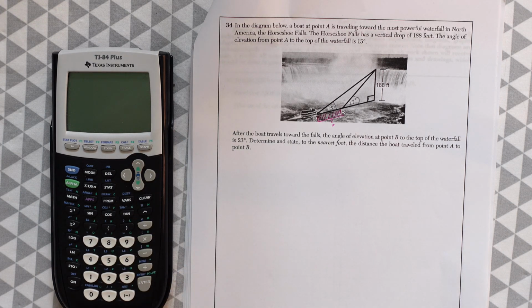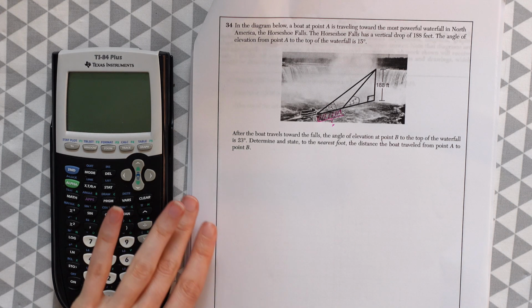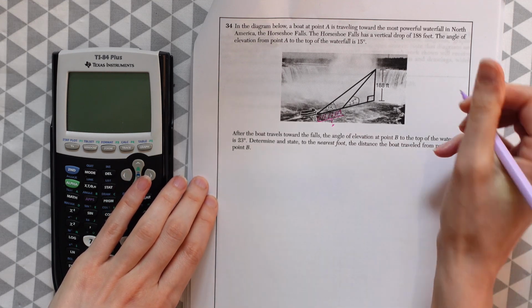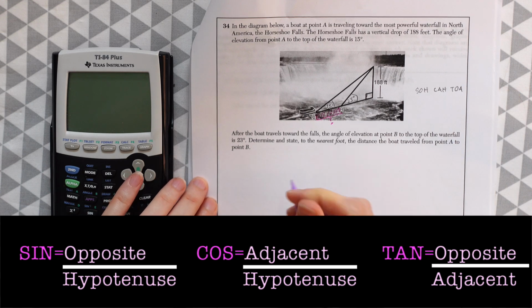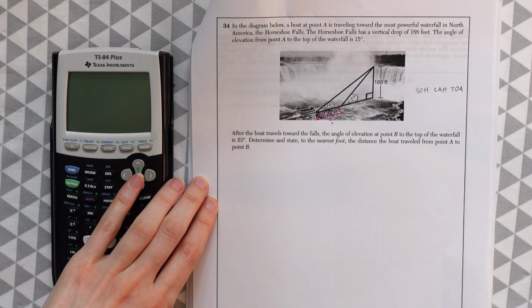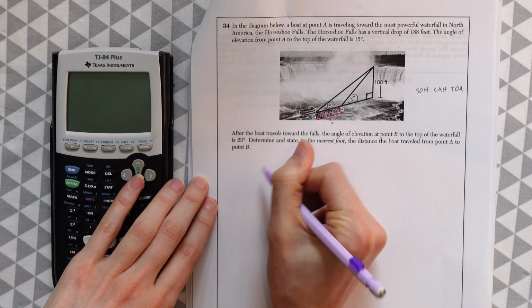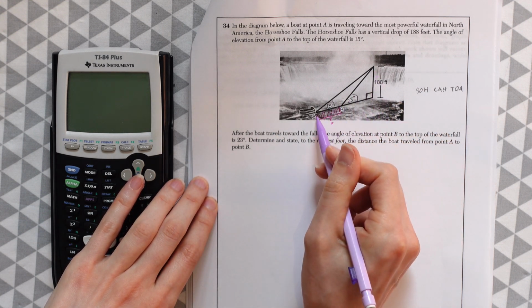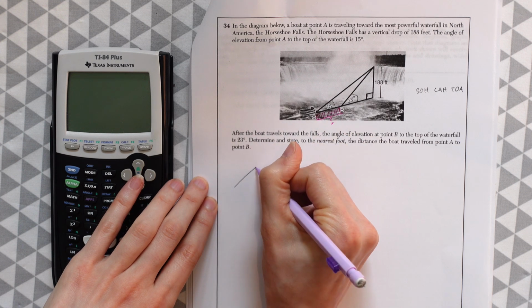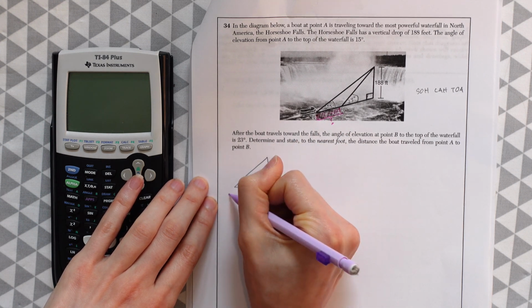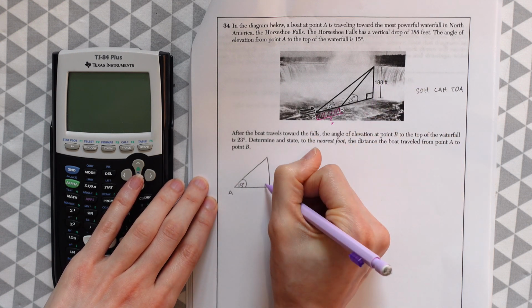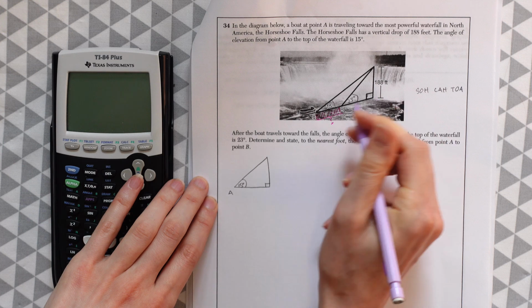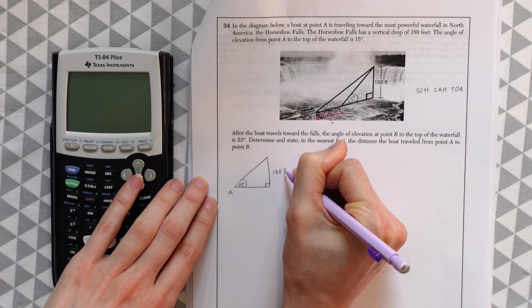So if we look here, there's really 2 right triangles going on. So we know if we have right triangles, we know we're going to be dealing with SOHCAHTOA trig functions. So to start off, I'm just going to draw out the 2 right triangles we're going to be working with. So notice we have this bigger right triangle on the outside starting at point A, which has an angle of elevation of 15 degrees, and the right angle over here, and then it has a height of 188 feet.